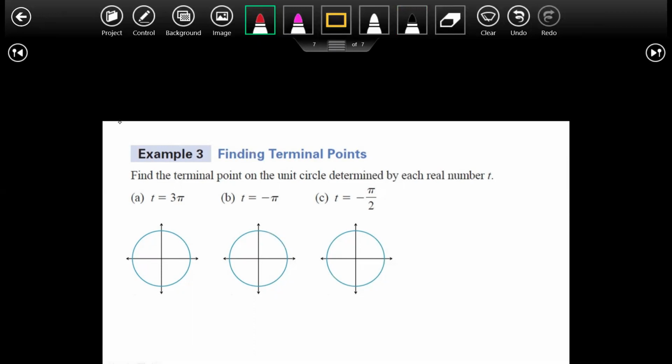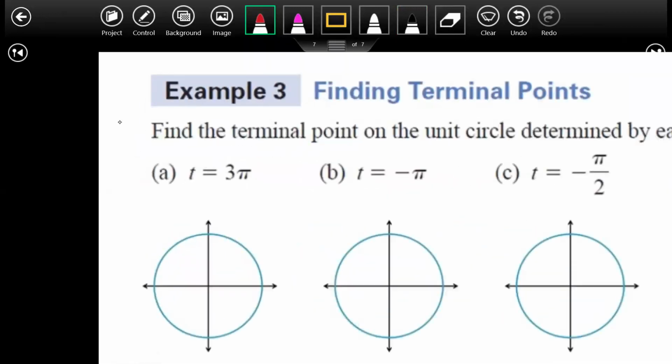Find the terminal points on the unit circle determined by t. Is t positive or negative? Therefore, we're going to go what? Counterclockwise, meaning we're going to go backwards.